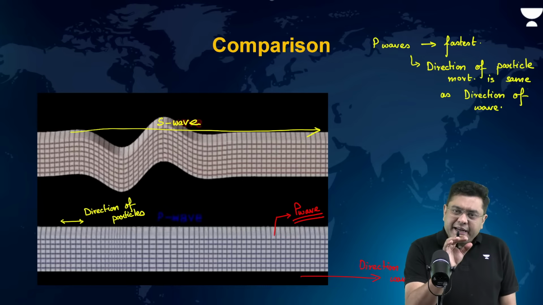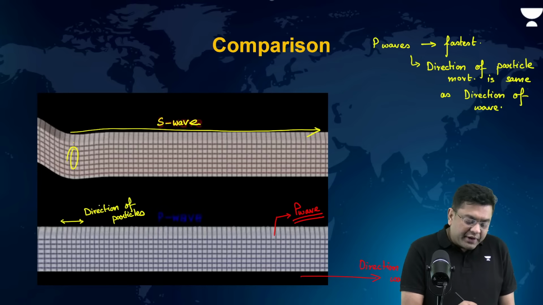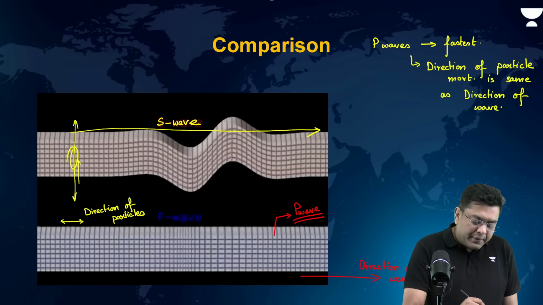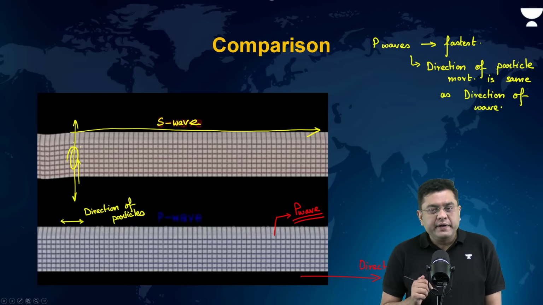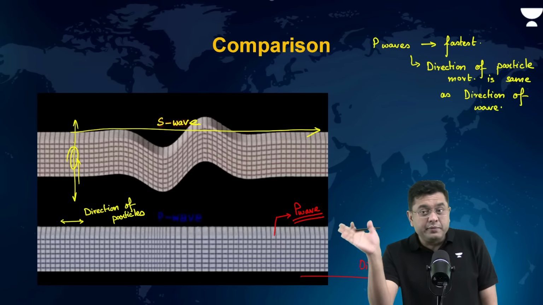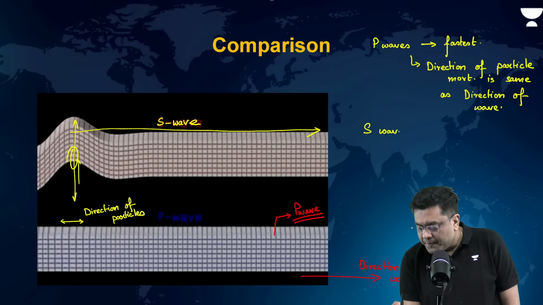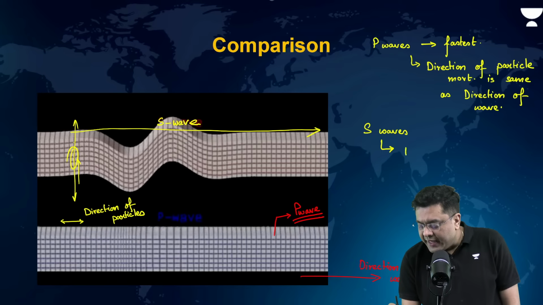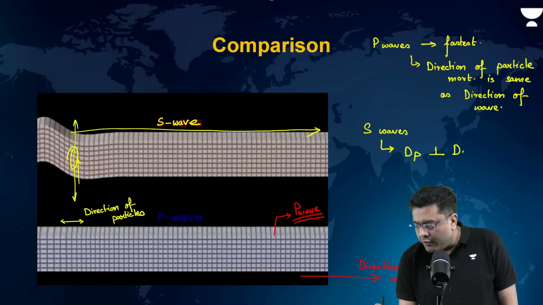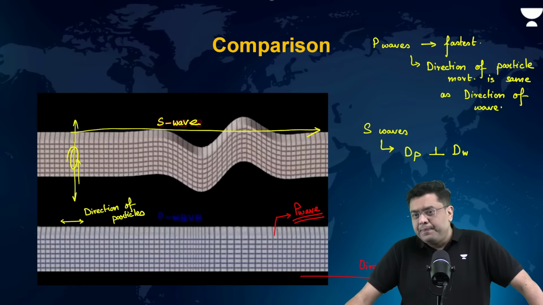If you pay attention to only one section, let's observe how the particles move. They move up, then down, then up, then down. Isn't it? Again, observe this. This particle is moving up and down, but the wave is moving in a different direction. So, in the case of S waves, the direction of particle movement is perpendicular to the direction of wave motion. That is why it is slower.